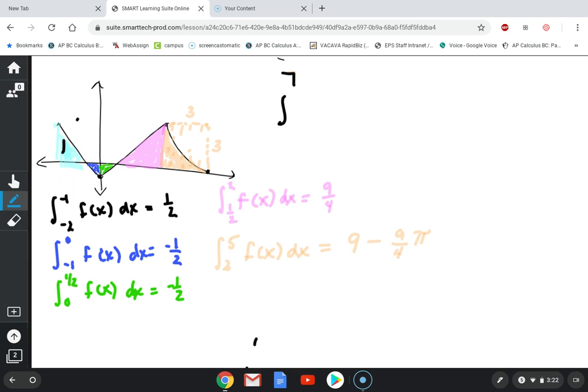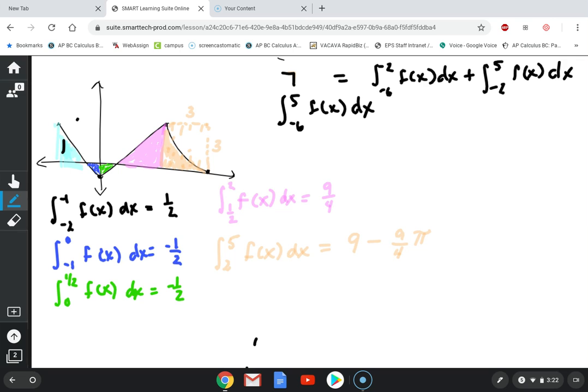The integral from -6 to 5 of f of x dx is equal to the integral from -6 to -2 of f of x dx plus the integral from -2 to 5 of f of x dx.